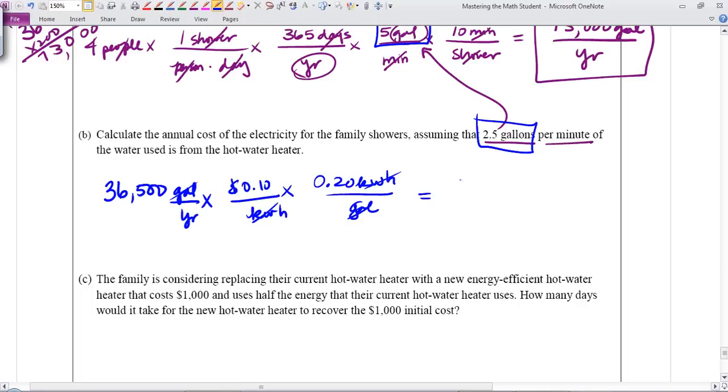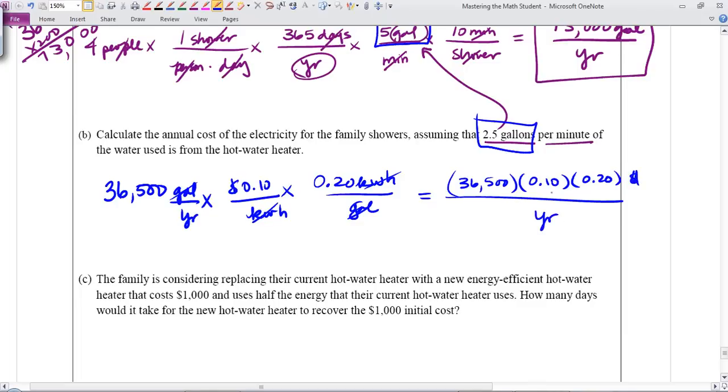Okay, so what is that going to be? That's going to simplify to 36,500 times a dime times 0.2 over a year. And what would this whole mess of the units be? A dollar sign.